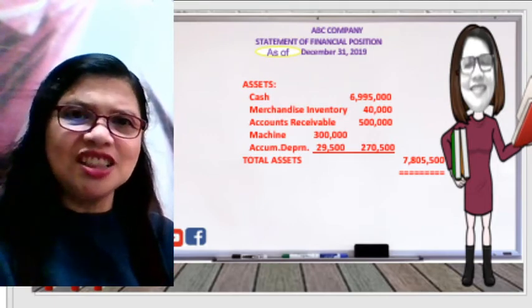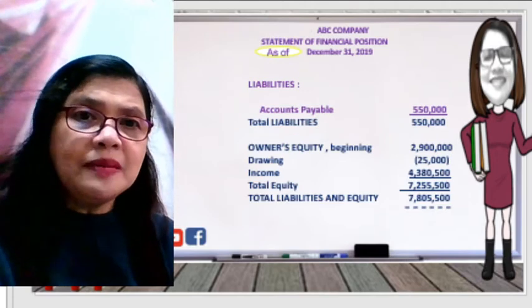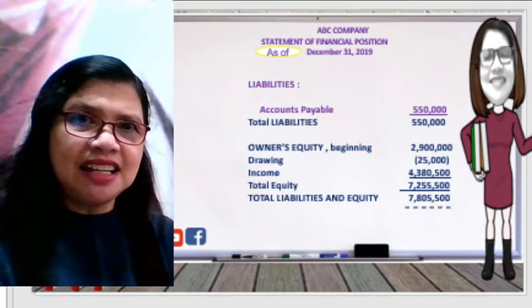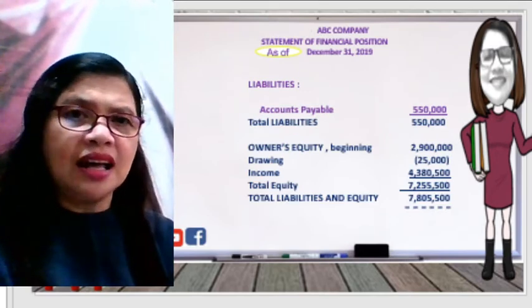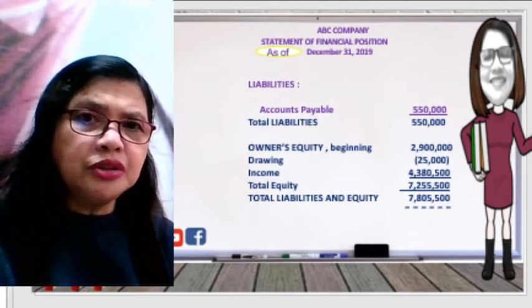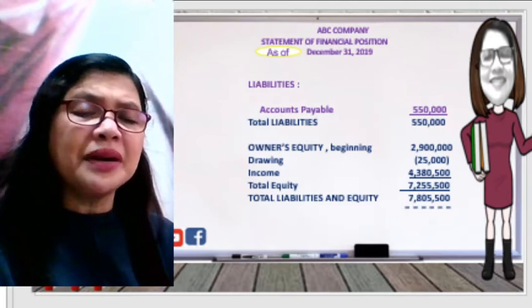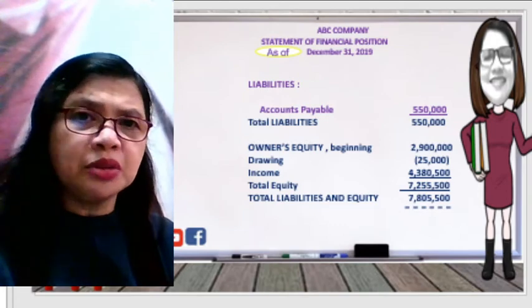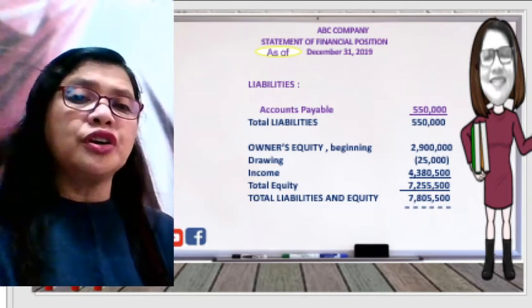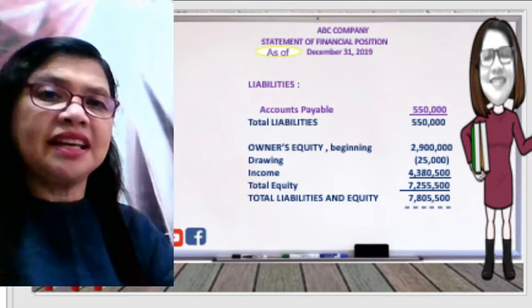It must be equal to your what? Yes, let's check on the next slide. To your total liabilities and equity. So now we will get the accounts payable and owner's equity. Again, in the preparation of your owner's equity, we begin with your owner's equity beginning.